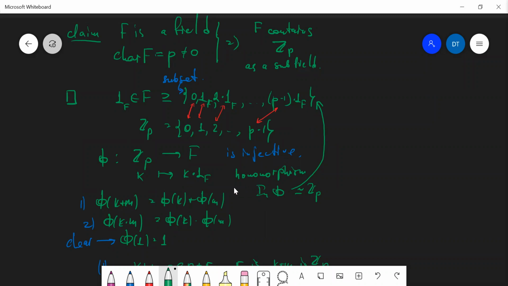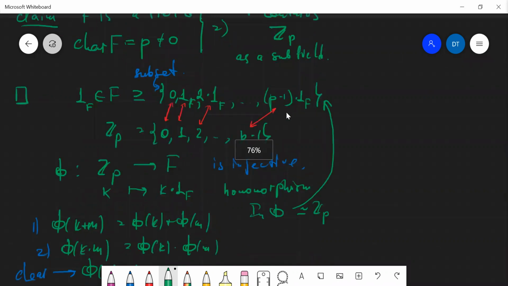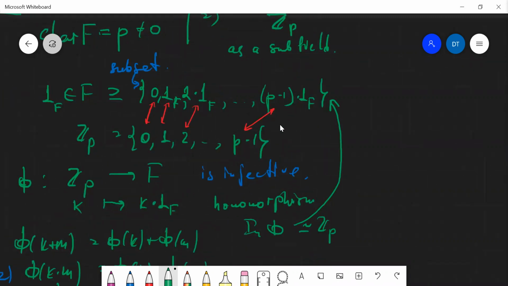Again, do we know that one is a generator? Yeah, because by definition, I just consider the cyclic subgroup of the element 1 in F plus. So this set is just the cyclic subgroup generated by the element 1 with respect to addition.